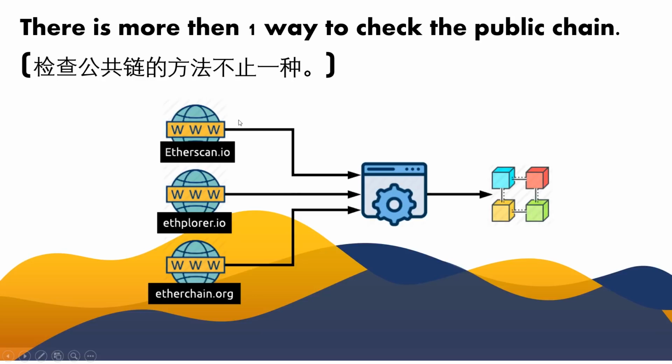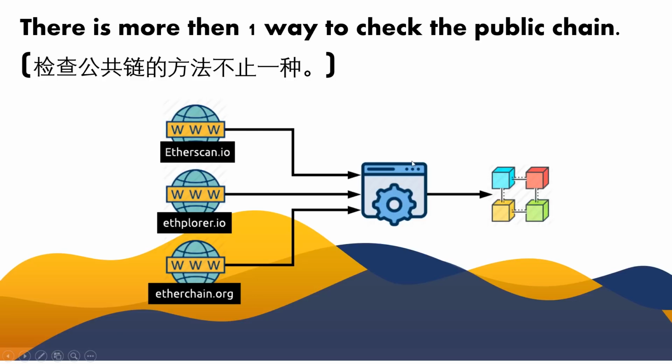This is just one way to check Ethereum. There is more than one way to check, and all of these blockchain explorers or Ethereum explorers should show you the same result. So let's use Etherscan as an example.